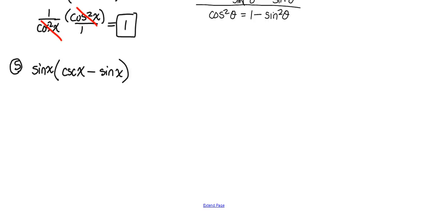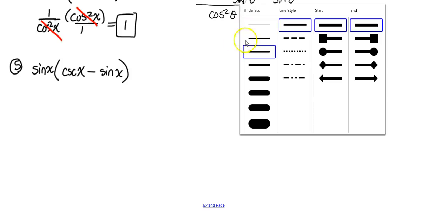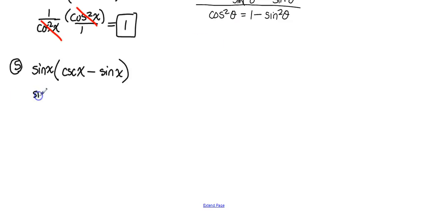So let's see what happens if I leave sine of x alone. How can I rewrite cosecant? Well, cosecant is the same as 1 divided by sine of x. And for the moment, I will leave sine of x alone. That's interesting.